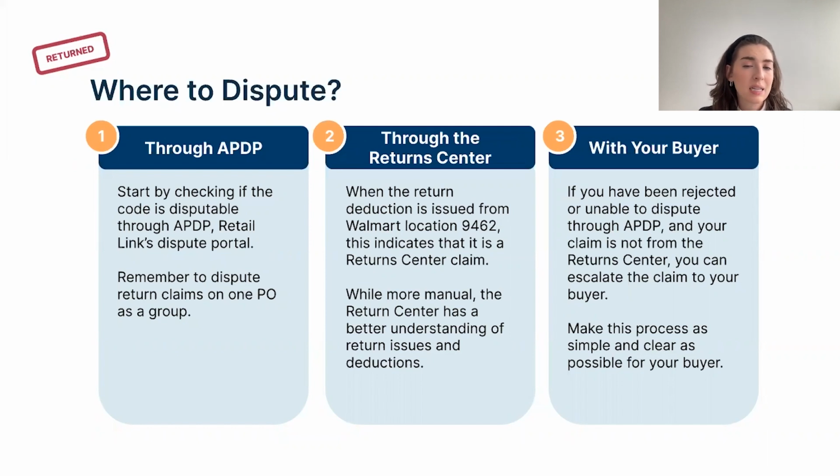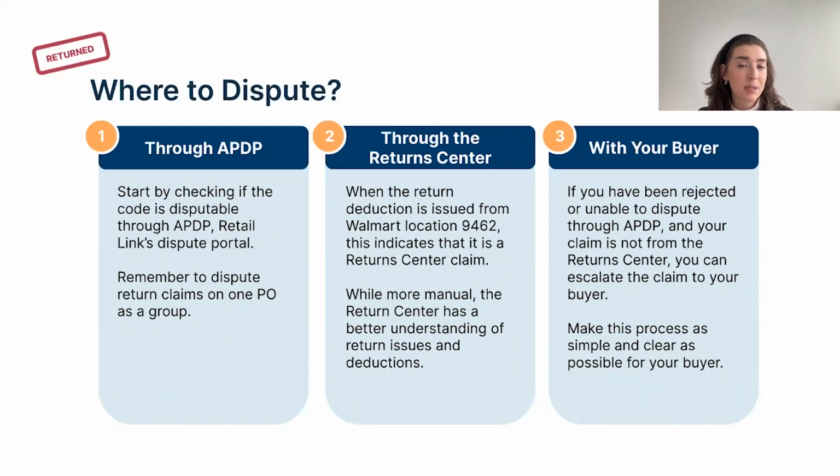That process is a little bit more cut and dry, and that team specifically works on returns, so there can be a little bit more understanding for return issues and deductions. But again, it would have to be from Walmart location 9462 to dispute the return center.